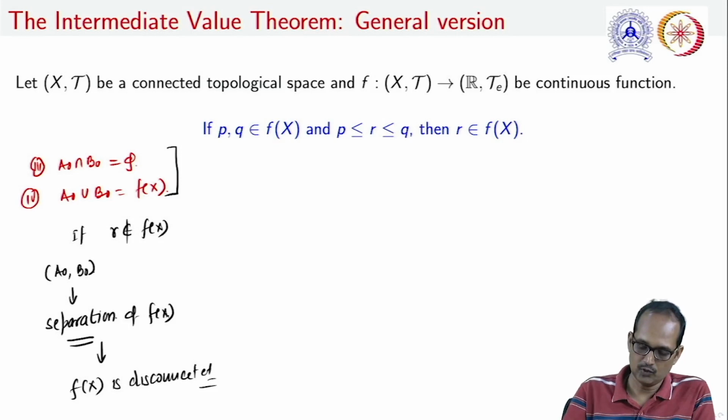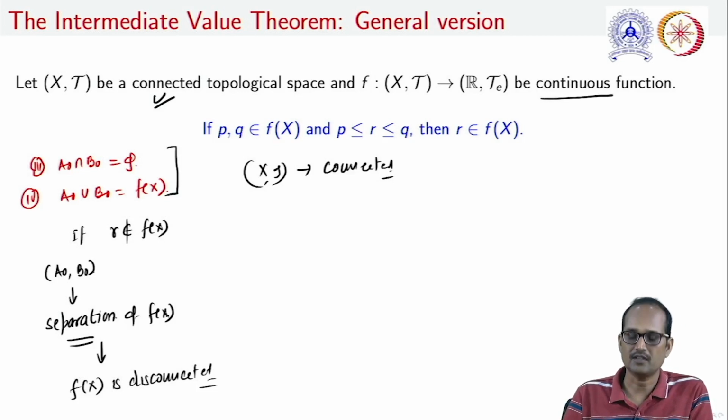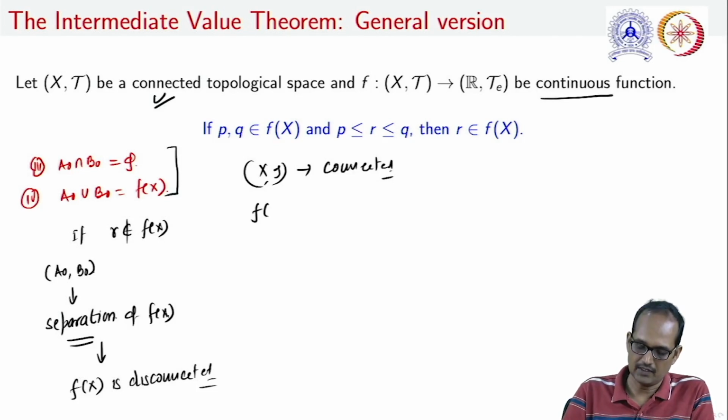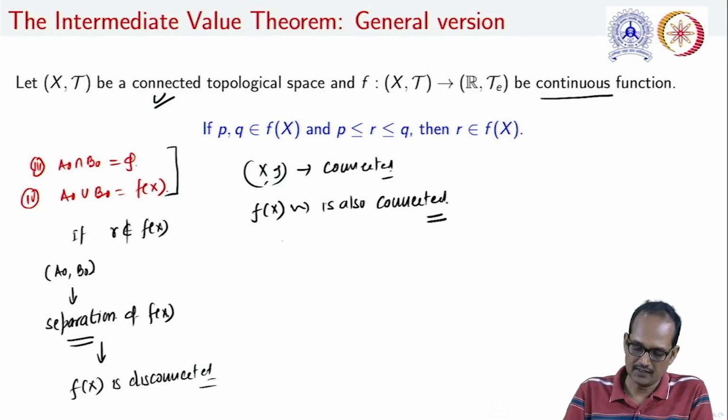But it is to be noted that the (X, tau) we assumed is connected, and the function we have taken is continuous, and by continuity of this function f(X) is also connected, which is a contradiction.